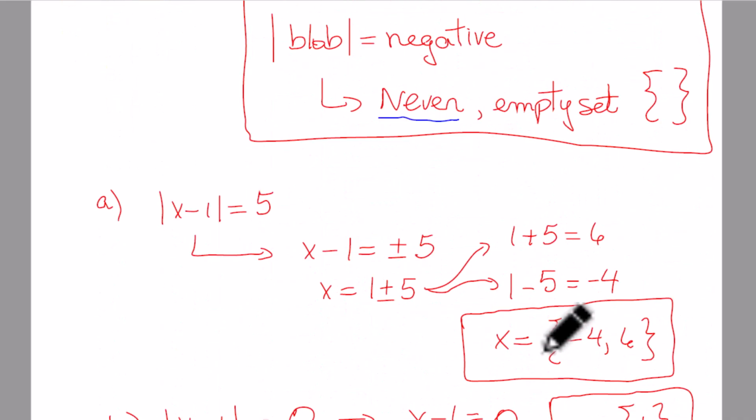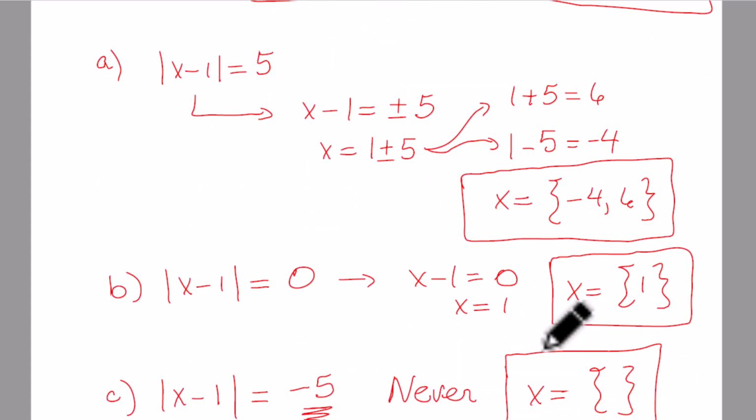All right, so here on the first one, let's see. I grab the inside stuff, x minus 1 equals plus or minus 5. I move the 1 so it's 1 plus or minus 5. And then I take care of the plus and I take care of the minus. 1 plus 5 is 6. 1 minus 5 is minus 4.